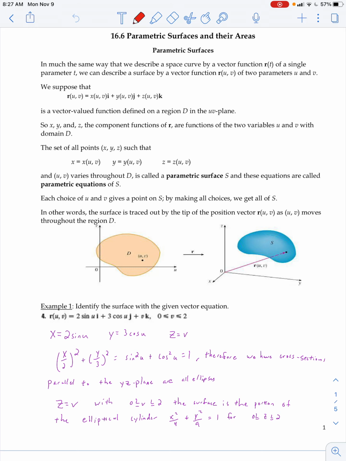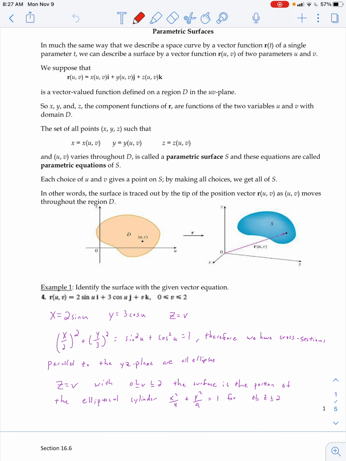It's much easier to find the surface area in two-dimensional form. So that's what we're doing today. We're taking our object, which is in three-dimensional space, and we're going to reparameterize it into two dimensions, and we'll be able to find the surface area, and we'll be able to identify the surface of the object that we have.